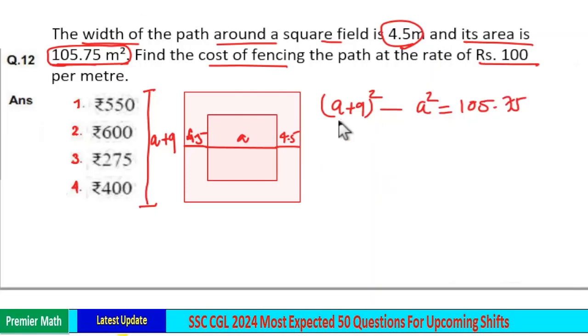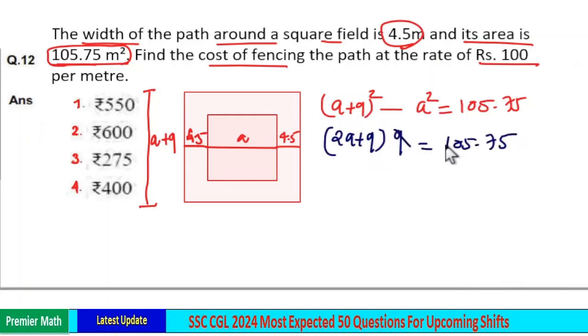Now this is in the form of a square minus b square, that is a plus 9 is a and a is b. A square minus b square is a plus b into a minus b. That is, here a plus b means a plus 9 plus a, that is 2a plus 9, and a minus b means a plus 9 minus a, that is 9, which is equal to 105.75.